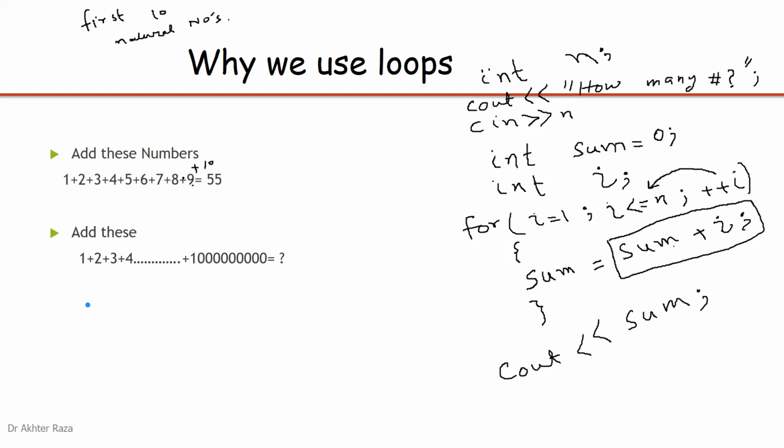So 1 plus 2 plus 3 up to 10, 55 will be the answer. This program will do that. You have to just put the value of n as 10. When it asks for n, just enter 10. How many numbers? 10. Sum is equal to 0.